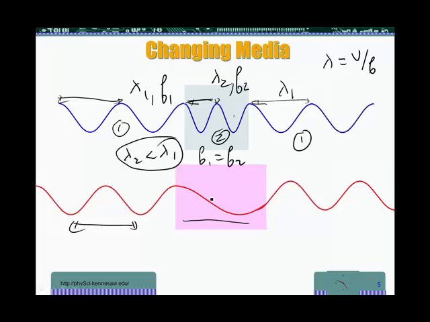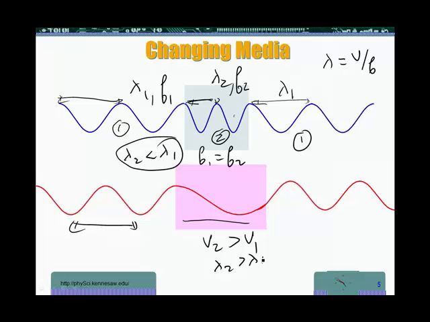Now, so I have a larger wavelength here, meaning my speed here at medium 2 is larger than my speed at medium 1. And my wavelength at medium 2 is larger than my wavelength at medium 1. Remember again, the frequencies are the same. That's one important thing to remember when you talk about waves.